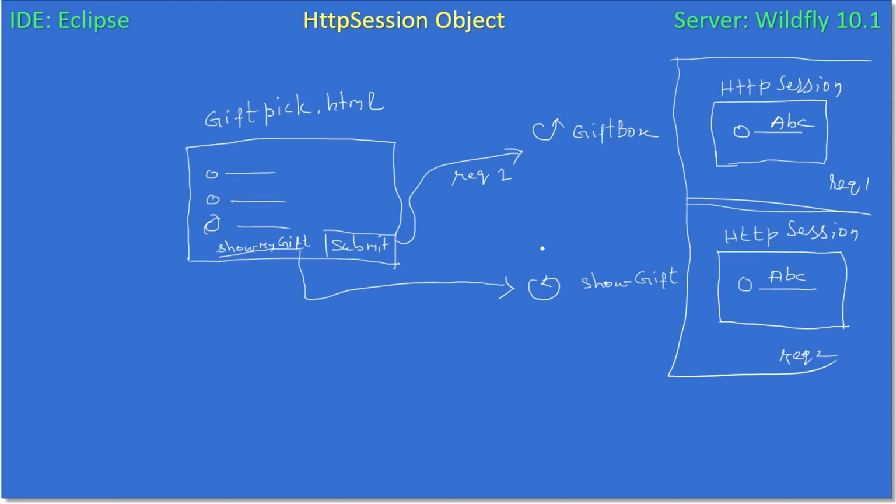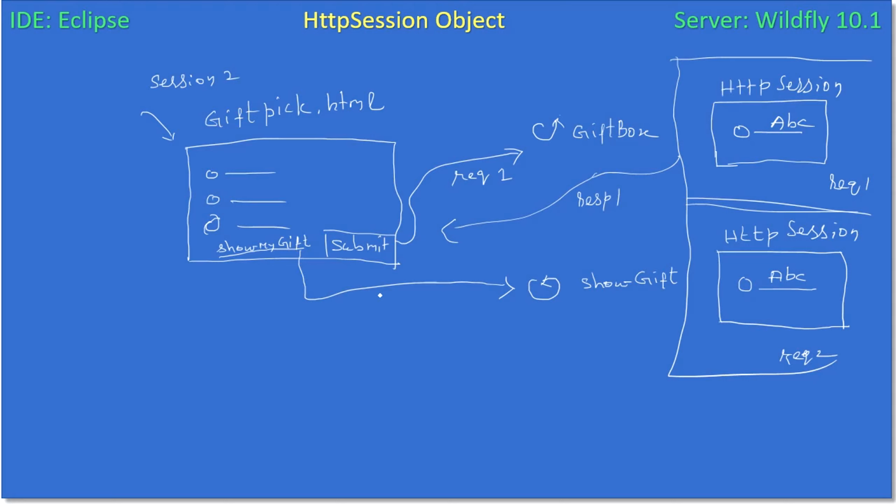So here the user established a session. That means the user opened a browser, then navigated to this giftpick.html. They picked a gift, then they submitted. This is request 1. It goes to the server. The server will store the selected gift in an HTTP session and responds back. Then on the same session in the browser window, whatever is responded will be rendered in the browser.